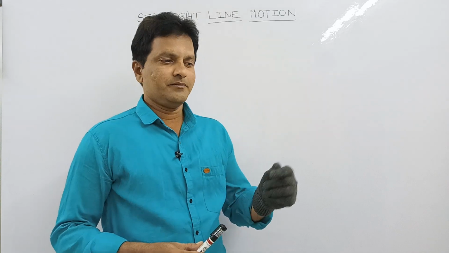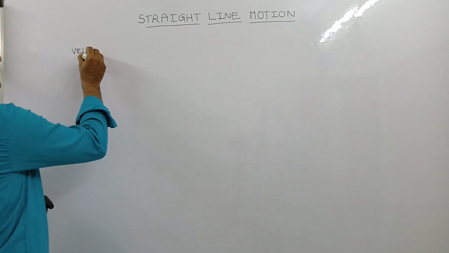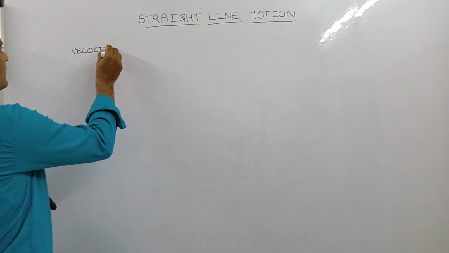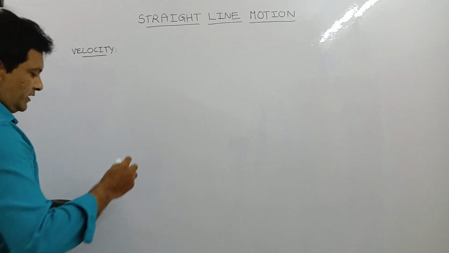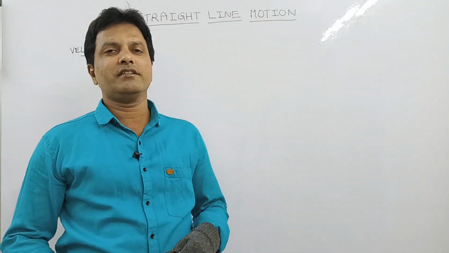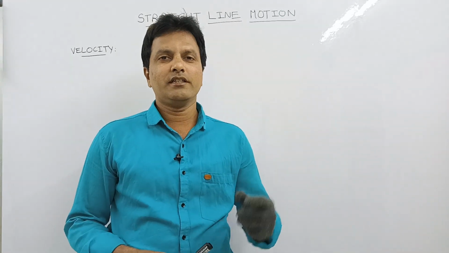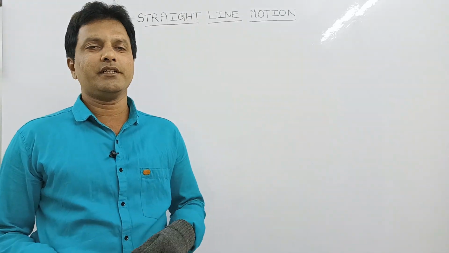Okay, see here, velocity. What is velocity? We have discussed speed in the previous lesson. Speed is equal to distance by time, distance covered in unit time.